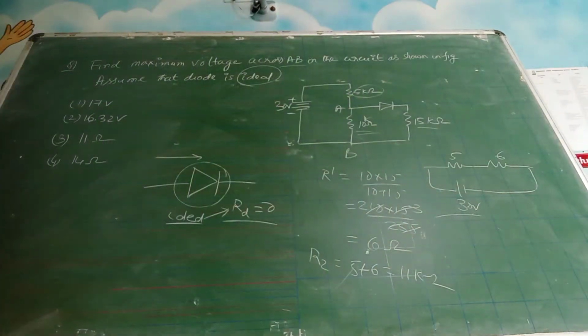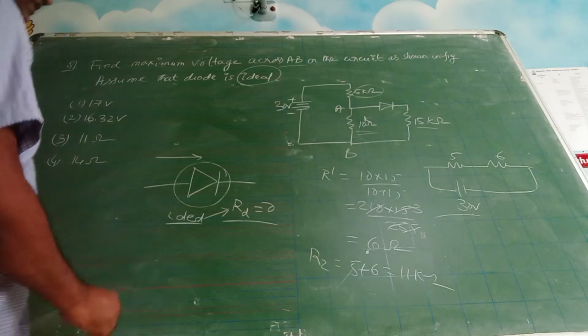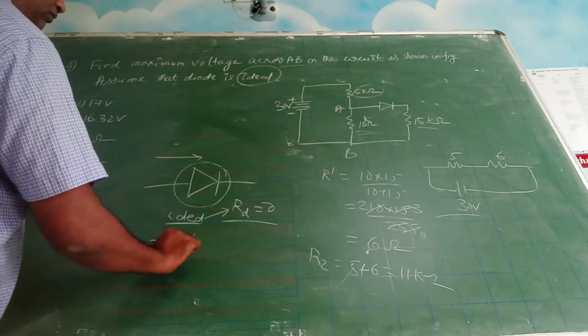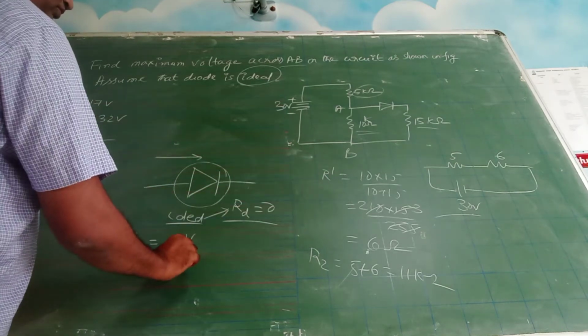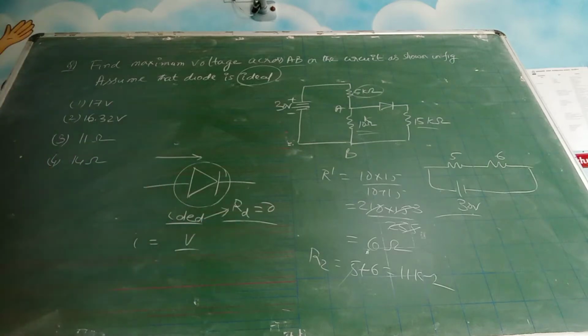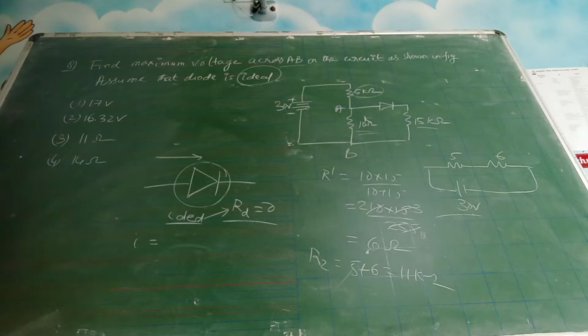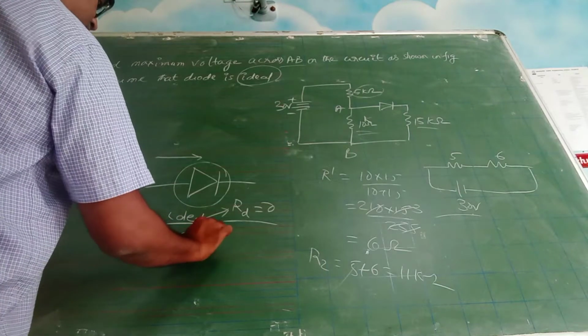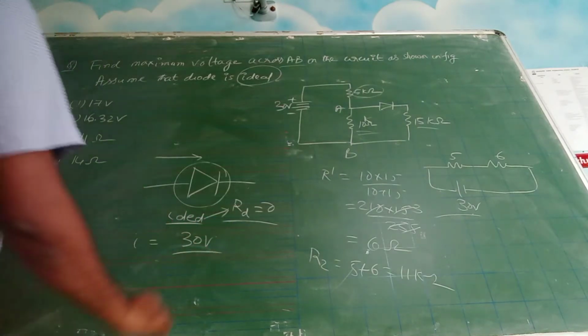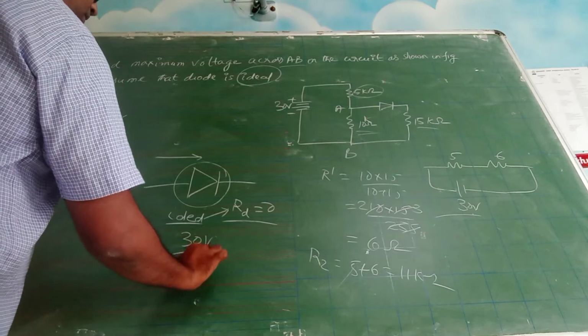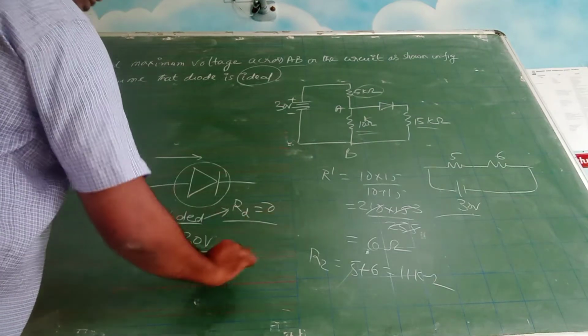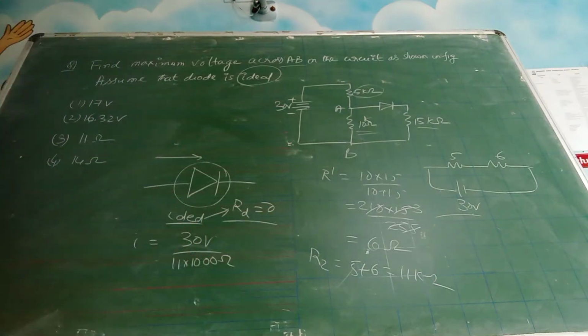We just have to find out the current. What will be the current? Current will be voltage by total resistance, so it will be 30 upon 11, that is 30 volts divided by 11 kilo ohms. This is the current.